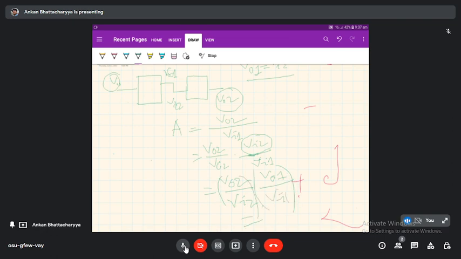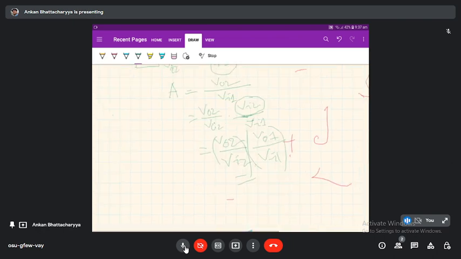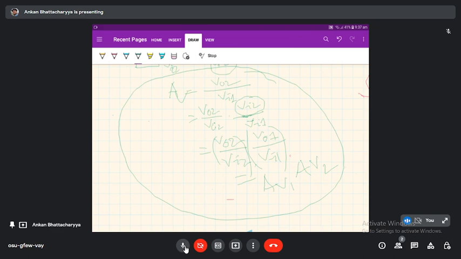So the overall voltage gain is nothing but the product of the voltage gains of the two stages separately, that is AV1 into AV2. So this is the overall voltage gain of the multistage amplifier.